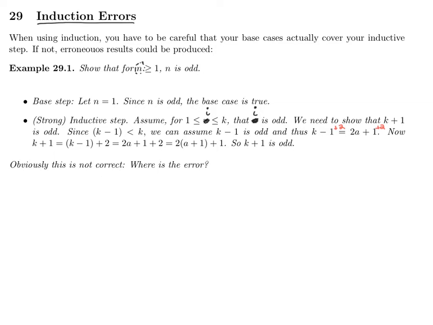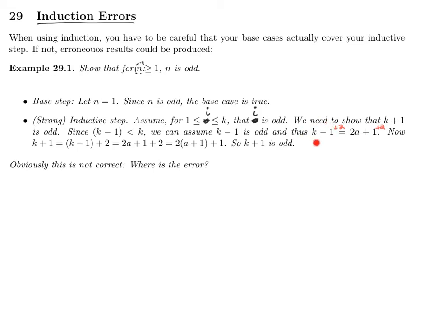So maybe pause the video now and see if you can find the error for this induction. All right, now that we're back, we have to be a little bit careful here.